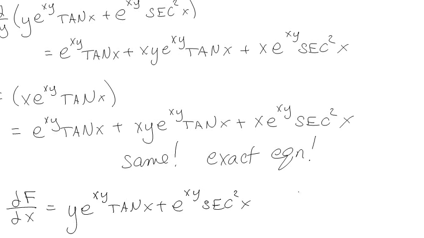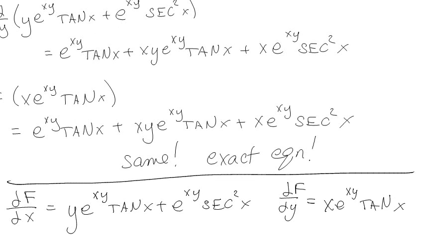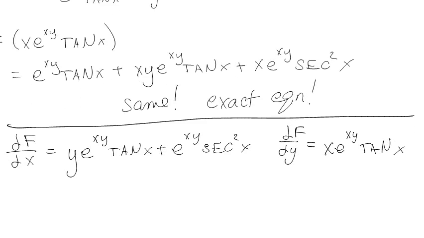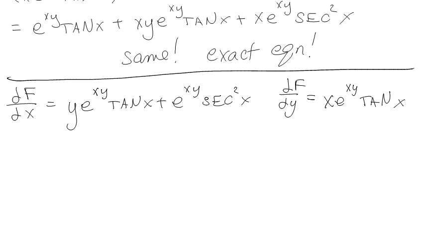And I also know that partial f partial y is equal to x e^(xy) tangent x. So it comes down to which of the two options you want to integrate with respect to their respective variables. Do you want to integrate this with respect to x, or do you want to integrate this with respect to y?